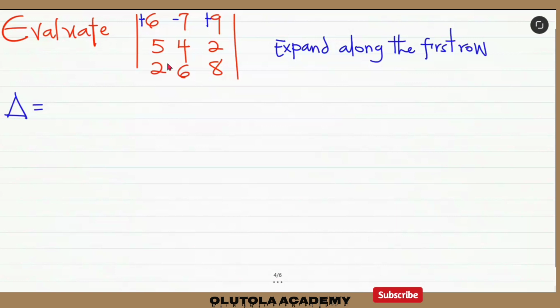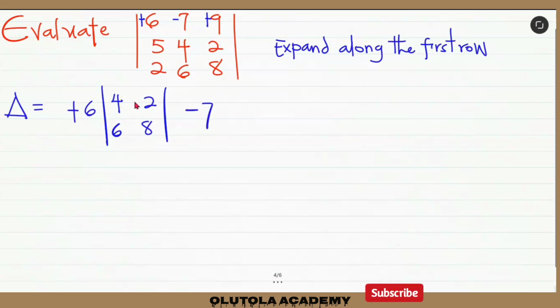So expanding along the first row, I will have positive 6, then I will have 4, 2, 6, 8. I got this by closing this up and closing this up. I go to the next, I will have negative 7, that's what is here.